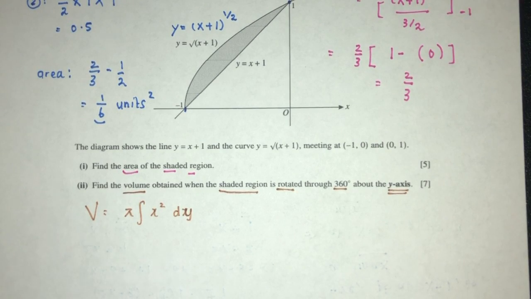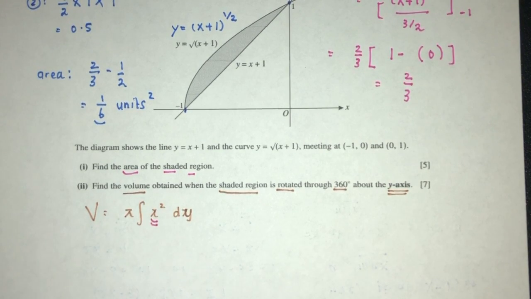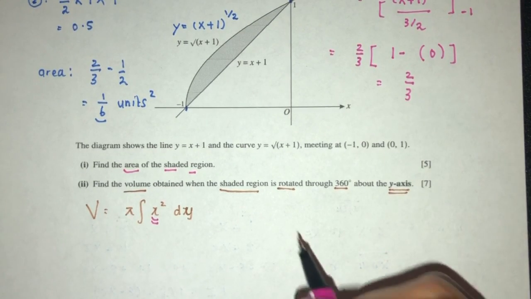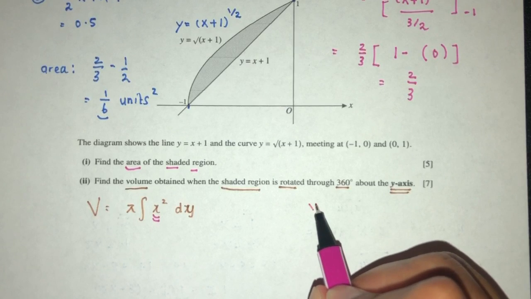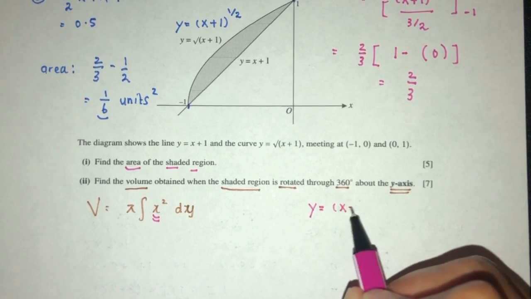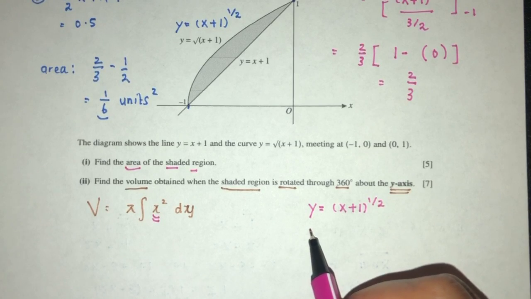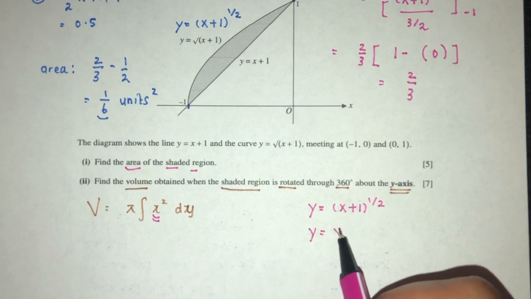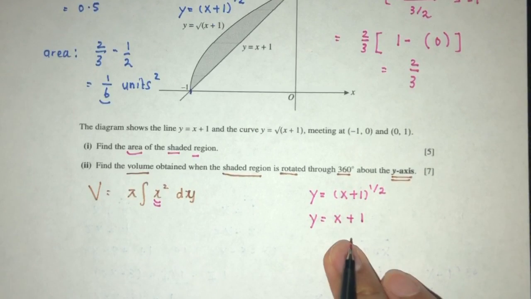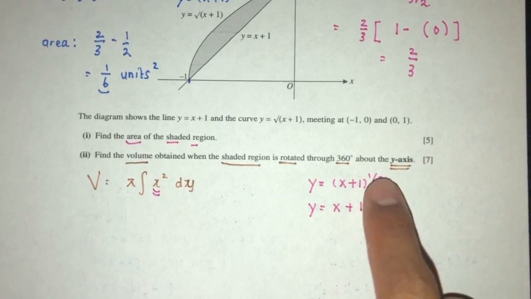So let's find the x squared values of our equations. Here we have two equations. One is y equals (x plus 1) to the power half, and the other is y equals x plus 1. This is my straight line and my curve. Let's first find this one.